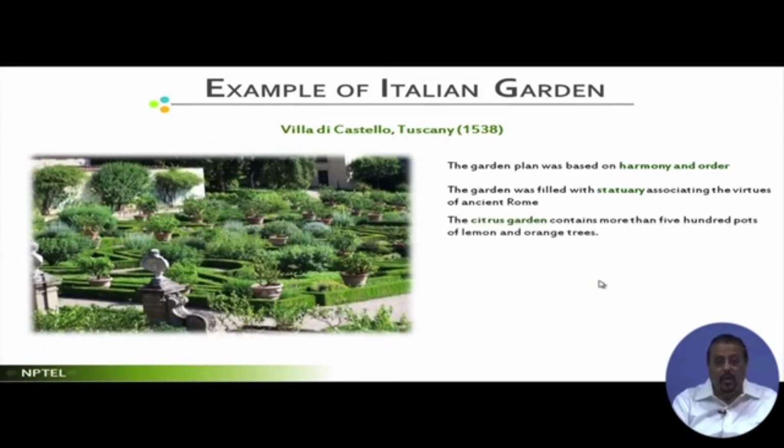They have the citrus garden, which contained more than 500 pots of lemon and orange trees. So basically, one is a citrus garden, another garden with the statues, another garden with pottery and hedges, another with pottery and flower beds. That was the kind of thing that they built. So it was never really a very strong harmonious thing.